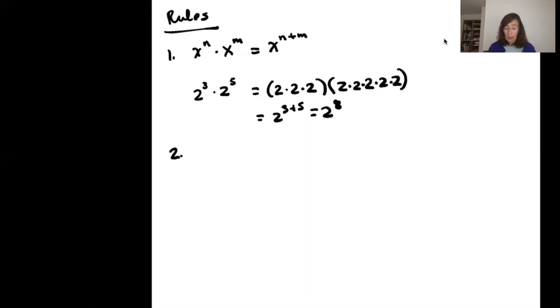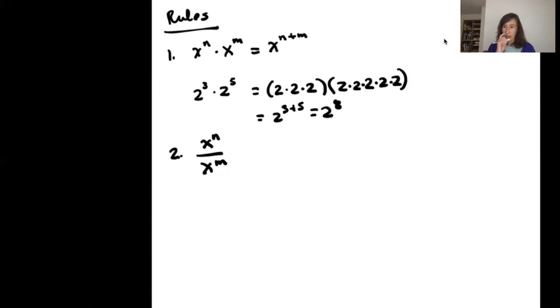What about when you divide? What if you have x to the nth power over x to the mth power? Okay, let's see how that works with our example of the 2's and the 5's here.